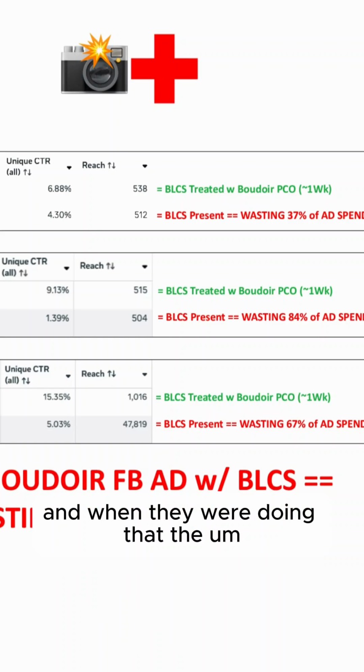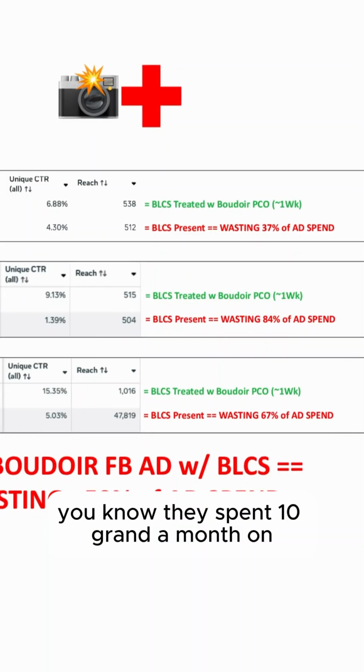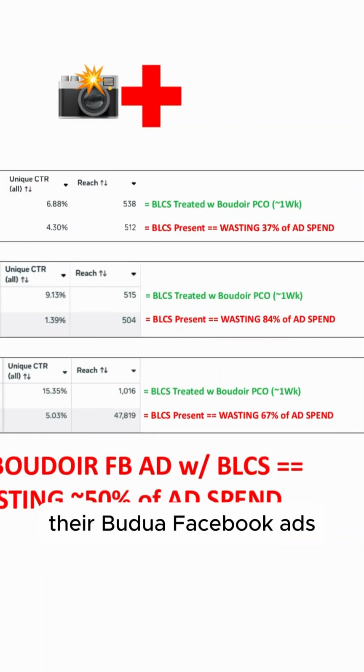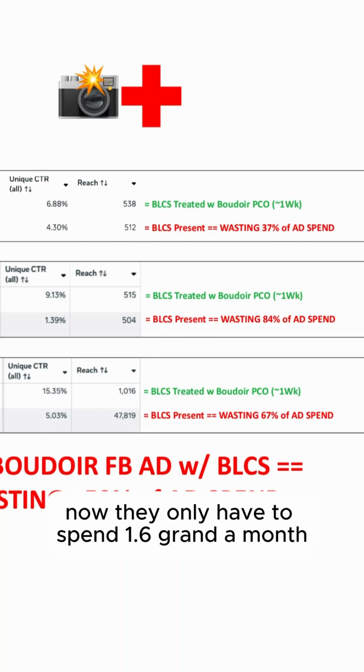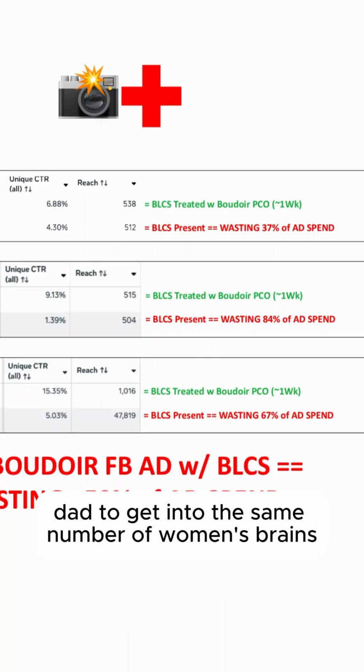And when they were doing that, if they spend 10 grand a month on their Boudoir Facebook ads, now they only have to spend 1.6 grand a month on the Boudoir Pico treated ad to get into the same number of women's brains.